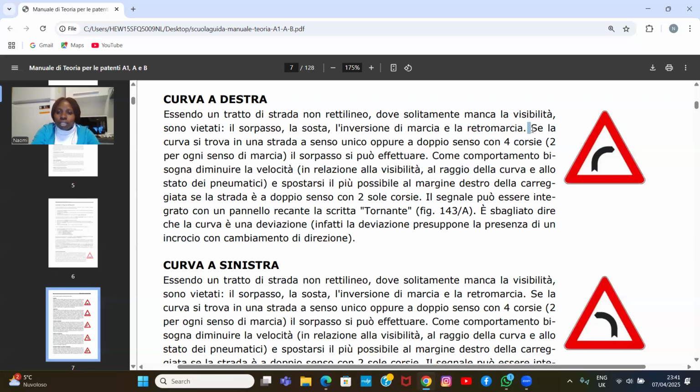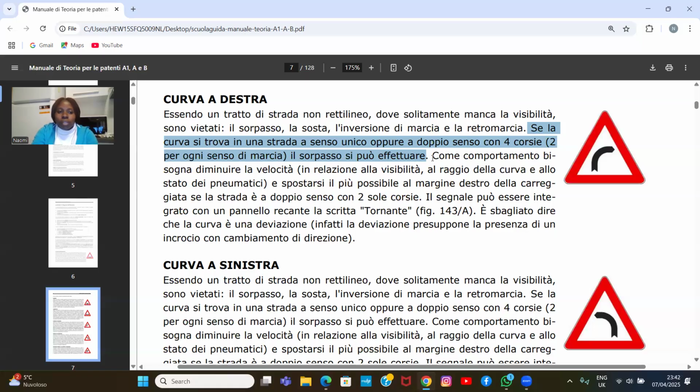Let's proceed. He also says, se la curva si trova in una strada a senso unico, oppure a doppio senso con 4 corsie per ogni senso di marcia, il sorpasso si può effettuare. This means if this particular road is a double-way traffic, that is two-way traffic, vehicles going up, vehicles coming, but this two-way traffic is divided into 2 lanes per traffic.